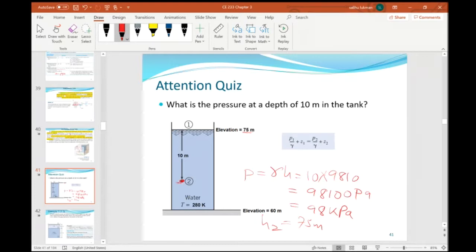Because the piezometric head at point 2 is going to be the elevation, which is 75 minus 10, 65 meters, plus the pressure head due to this 10 meters of water at this point, which, if I use the head, is 10. So it's 75 meters.